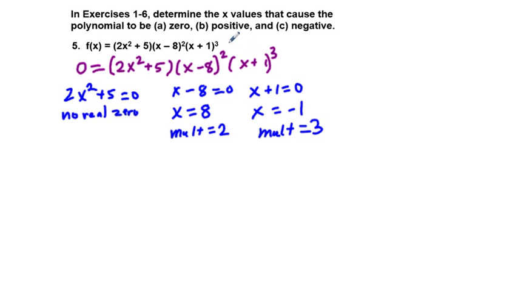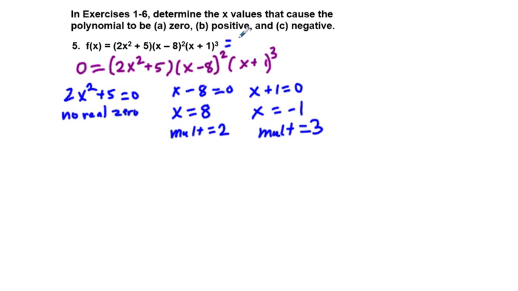And we're going to analyze our leading term here. If we go ahead and multiply everything out, we're going to have 2x squared times x squared. So that's going to be 2x to the 4th power times x cubed.